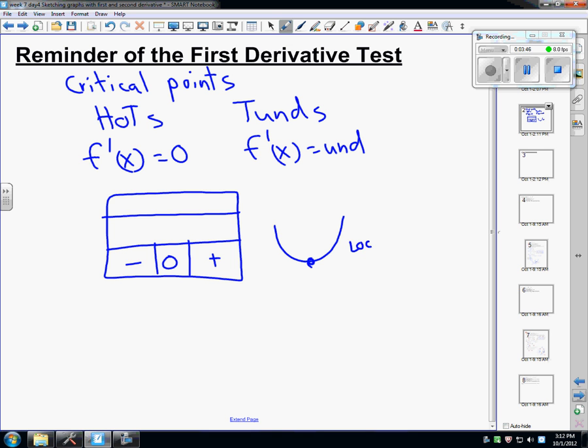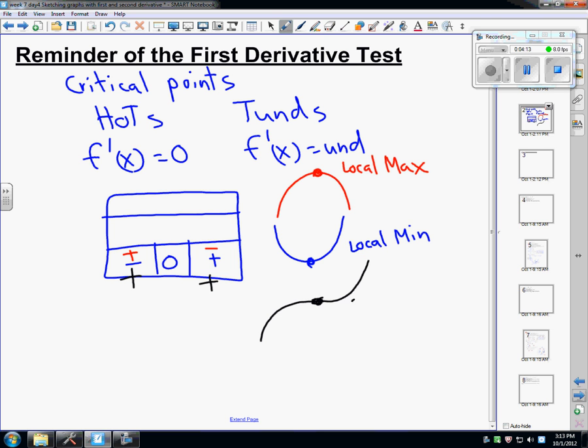I found a local min. And likewise, if it was plus and negative, I found a local max. But there's two other possible options. If I did a plus and a plus, that means I'm going up, flat, up.